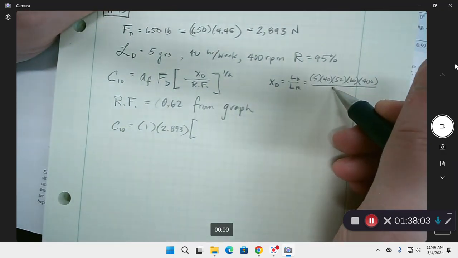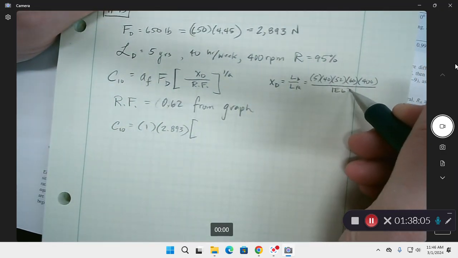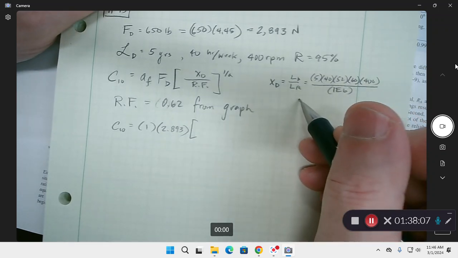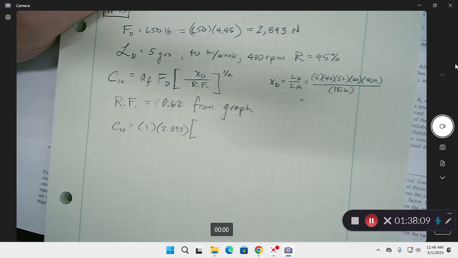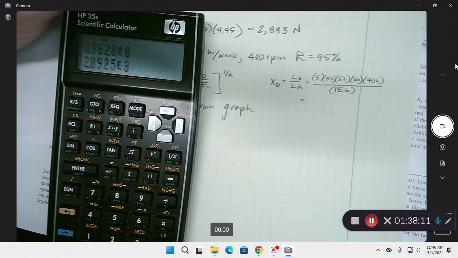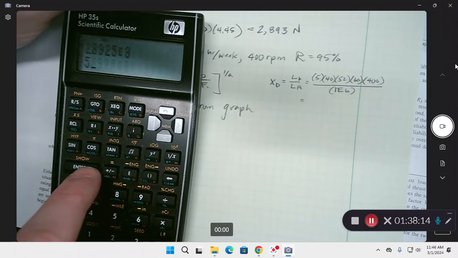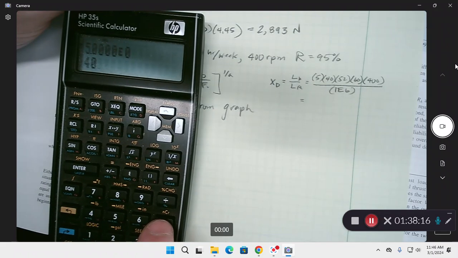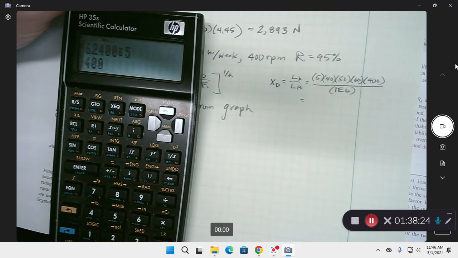And rated, we've decided, is manufacturer 2, which we pretty much always use, at 1 million.